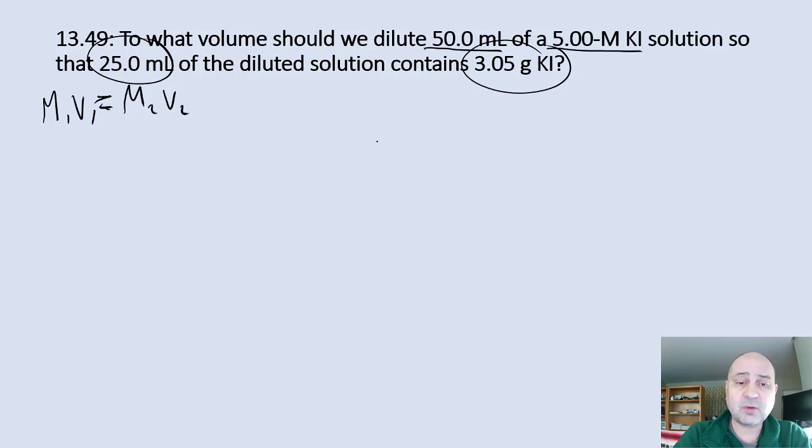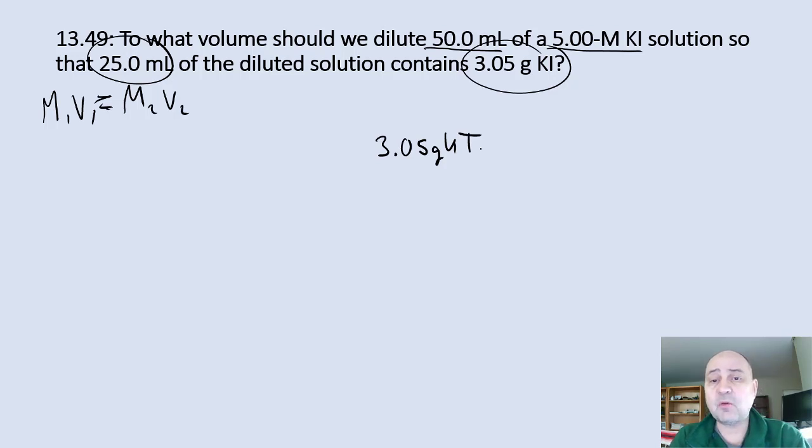So we're going to need those 3.05 grams of potassium iodide and figure out the number of moles, and then we can divide it by the volume to get the molarity. And so that's how we get to the final molarity, and then we can solve for the volume.